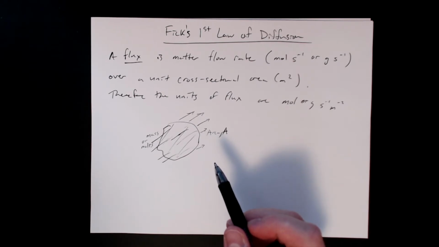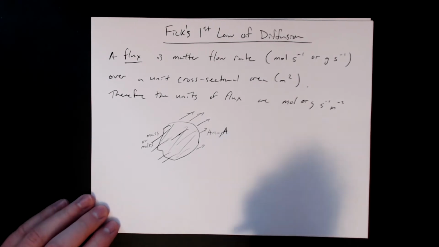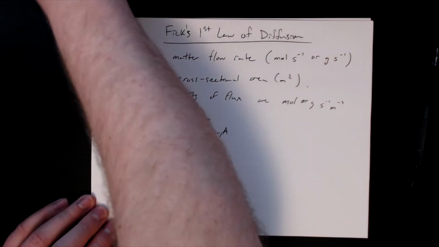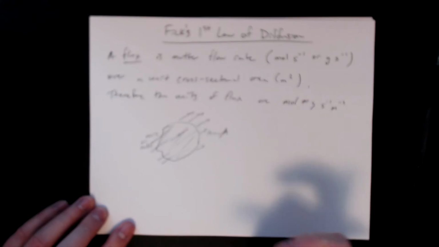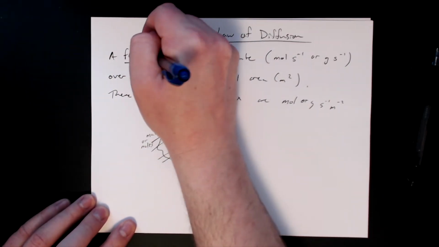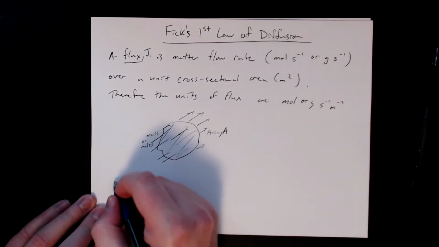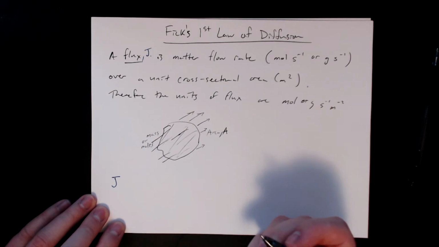And so flux in the simplest form of diffusion is equal to some constant multiplied by the driving force for that reaction. And so this is where we get Fick's first law. So let me change pens real quick. The symbol here is typically capital J for flux. And so we have J as the flux.